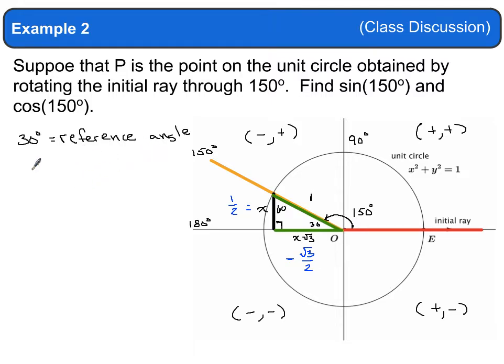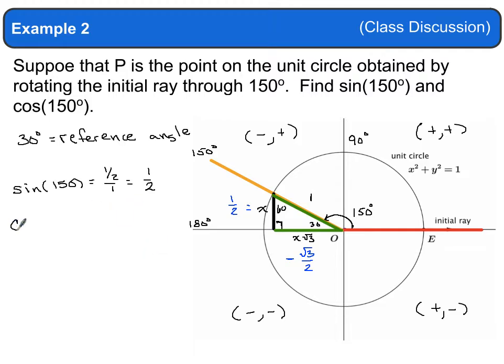So if I want to know the sine of 150, I am going to use this green triangle that was created after opening up 150. So if I said the opposite over hypotenuse, that would again be 1/2 over 1, and so therefore the sine of 150 would also be 1/2.